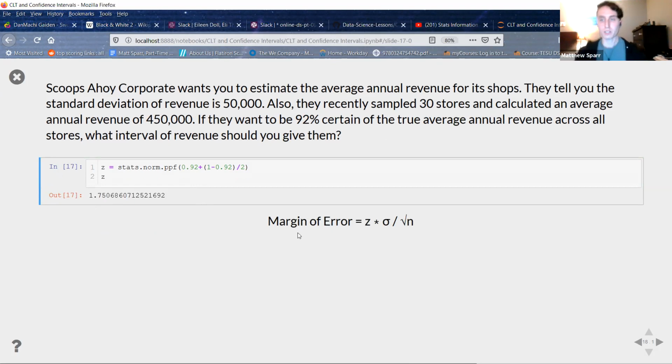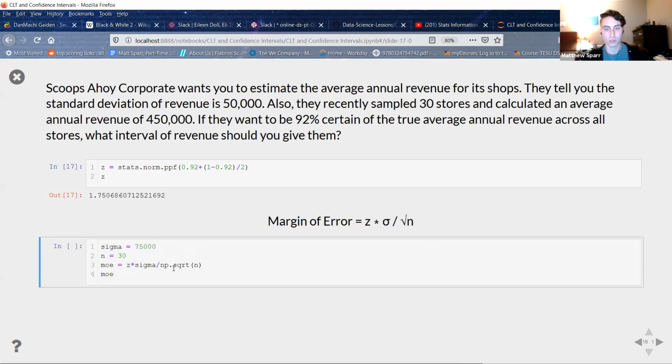And then the margin of error, the distance from the mean on one side, is equal to this equation here. That is our Z value times sigma, which is the standard deviation of the population, divided by the square root of n. We can plug in the values that we know.